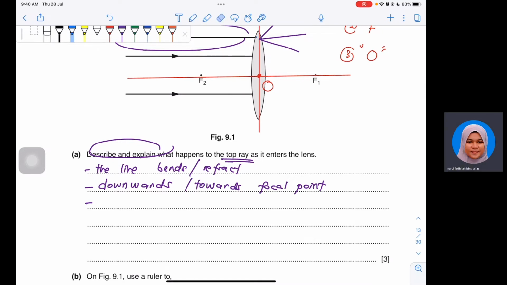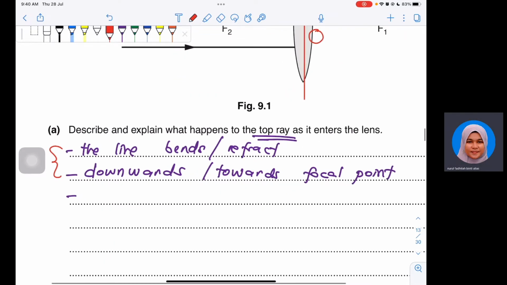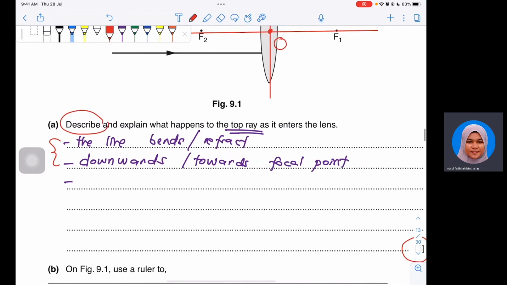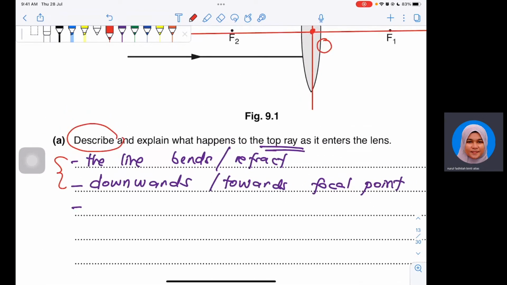Okay, so what I have already written is just describing the ray of light. Yes, I'm just describing, you know? Like you are tall, slim, can run, for example. Why can you run? Oh, because of motivation and so on. That is the explanation, understand? So now another point, because here there are 3 marks, so you need to explain why this happens.